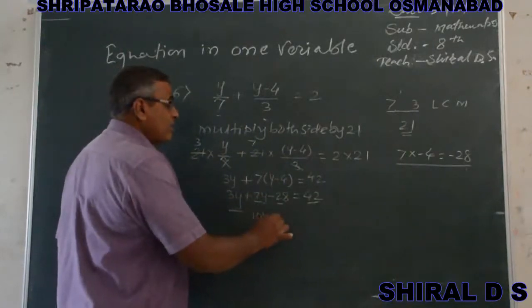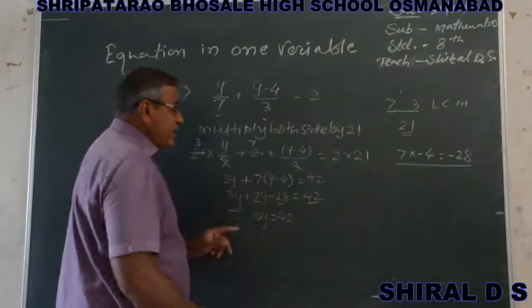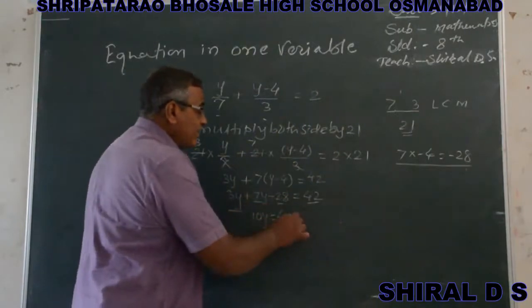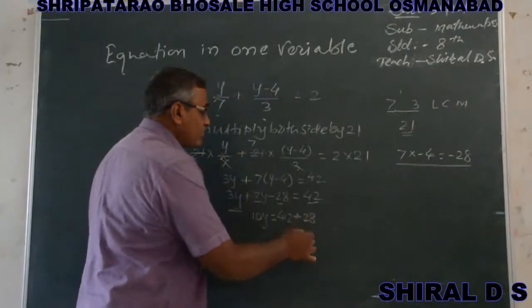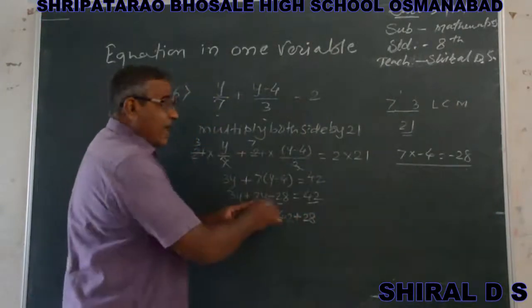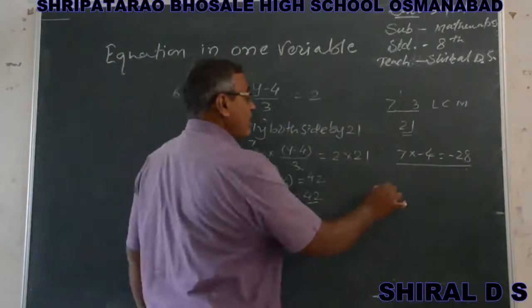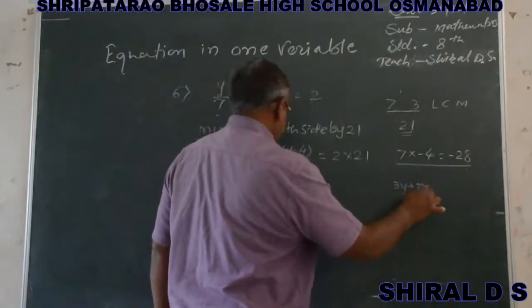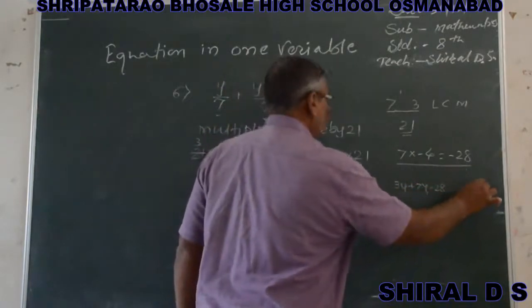And here is 42 and minus 28. If minus 28 goes to this side, therefore here it is plus 28. If we solve the given equation in this way, 3y plus 7y minus 28 is equal to 42.